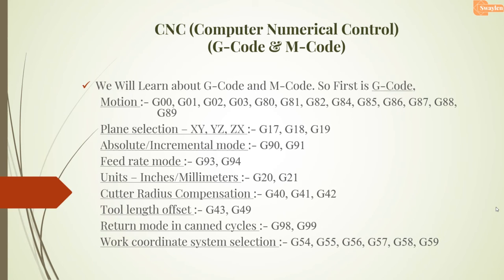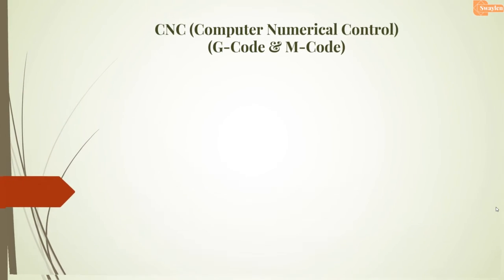Work coordinate system selection: G54, G55, G56, G57, G58 and G59. In this, some of the codes are standard, like G17, G18, G19 for plane selection, and absolute incremental G91, G90.